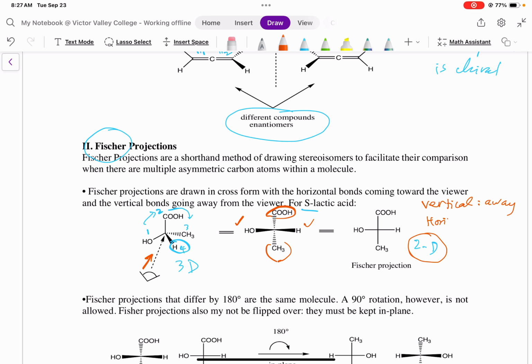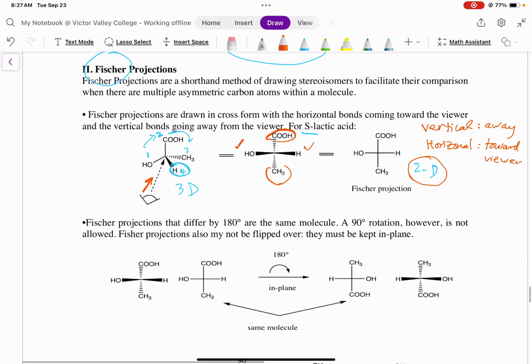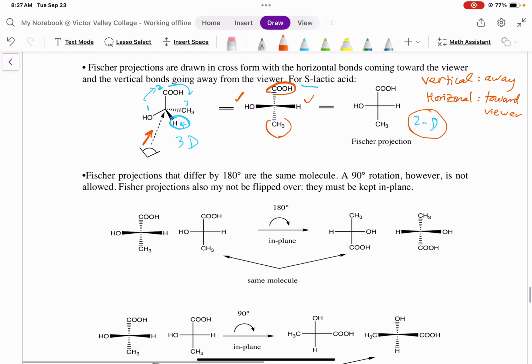Horizontal is towards the viewer. Okay, that's a very good one. Now, don't worry too much about rotations unless you feel comfortable.